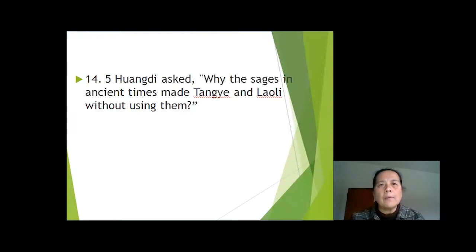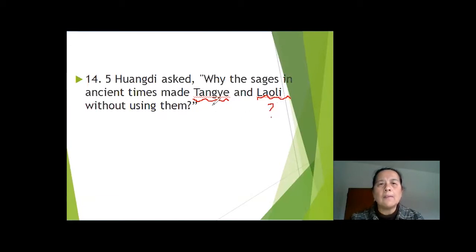Then the next question. We say in the ancient time, people cooked 汤液 or made 汤液 and 醪醴. What does 醪醴 mean?